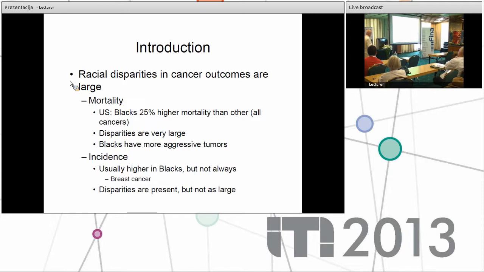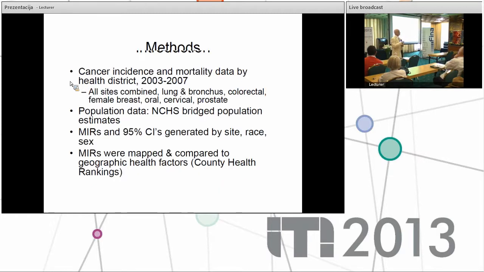So the disparities are very large. They have more aggressive tumors. But incidence is usually higher in blacks, but not always. A good example is breast cancer, where the incidence rate in black women is lower than in white women, but the mortality rate in black women is higher than for white women.